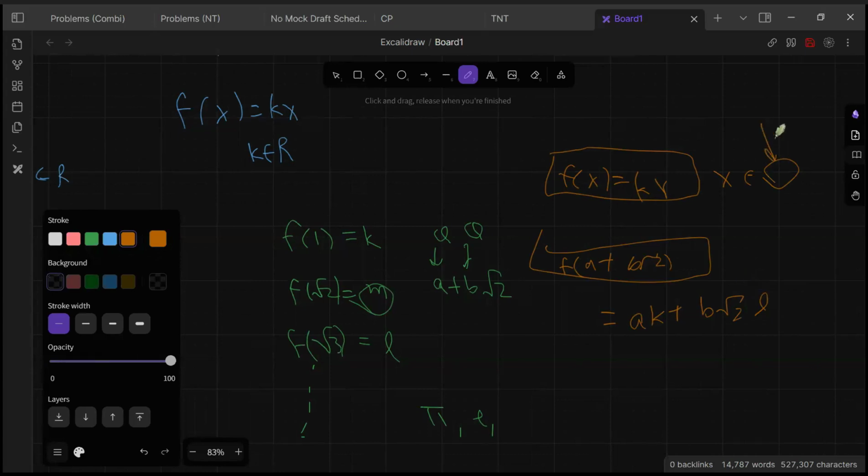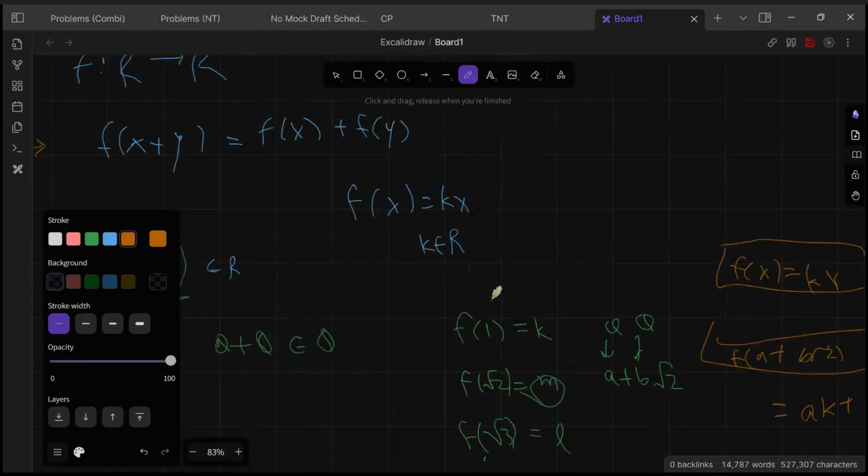So if this set is everything excluding numbers of the form a plus b square root of 2, and this set is everything of the form a plus b square root of 2, I can define things piecewise like that. So yeah, the solutions are really bad.